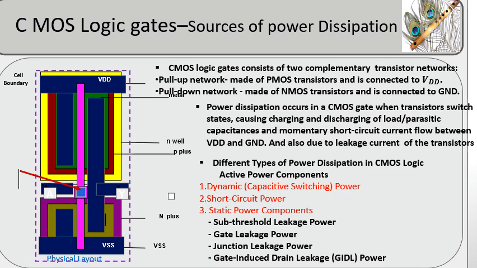A small amount of short-circuit power is dissipated while both the PMOS and NMOS transistors conduct simultaneously during signal transitions, and static leakage power results from small leakage currents that continue to flow even when the gate is not switching. The total power consumed by millions of such logic gates determines the overall power dissipation of a VLSI chip. In the following slides, we will examine how these power components collectively contribute to the chip's total power consumption.